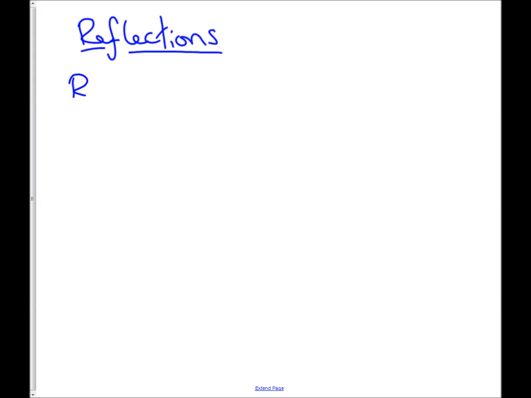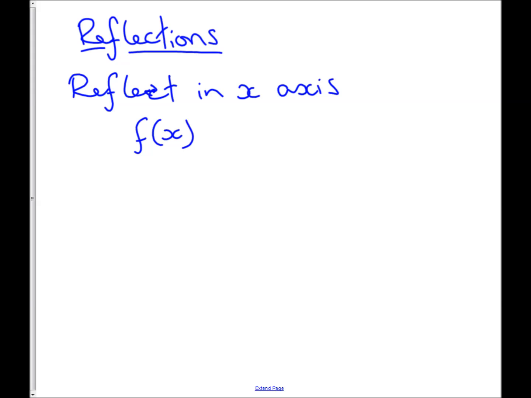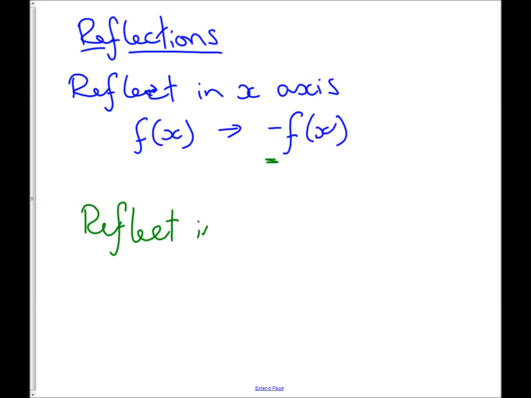So to reflect in the x-axis, I take my f of x and I change it to minus f of x. So to reflect in the x-axis, I'm changing it outside my function, and then to reflect in the y-axis I change inside the function. So I'm going to have f of x becoming f of minus x.